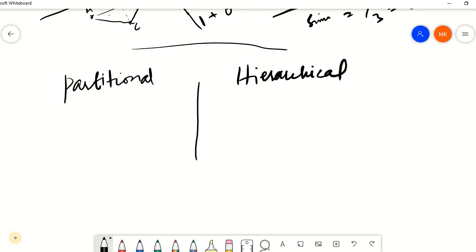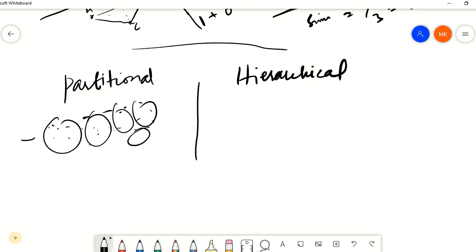Partition clustering algorithms are the ones that would distribute all the data points into the desired number of clusters all in a single turn. So if we have all these data points and we want to have 5 clusters, it would come up with 5 clusters in the first iteration.